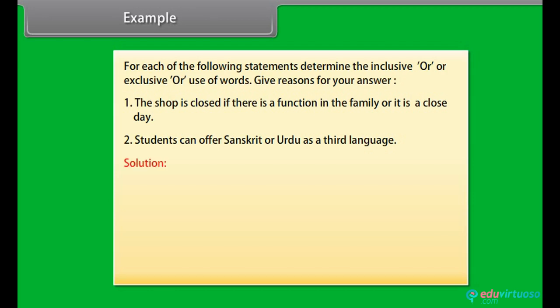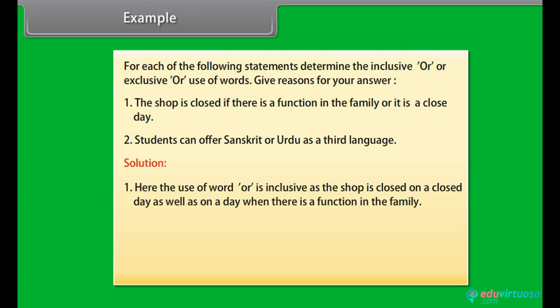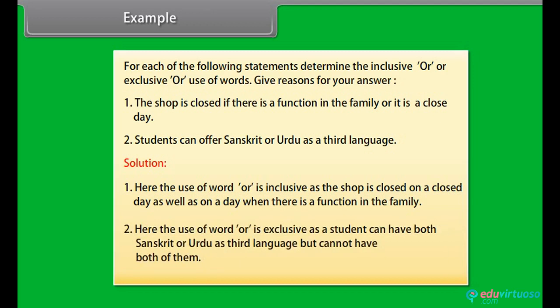Solution. 1. Here the use of the word or is inclusive, as the shop is closed on a closed day as well as on a day when there is a function in the family. 2. Here the use of the word or is exclusive, as the student can have either Sanskrit or Urdu as a third language but cannot have both of them.